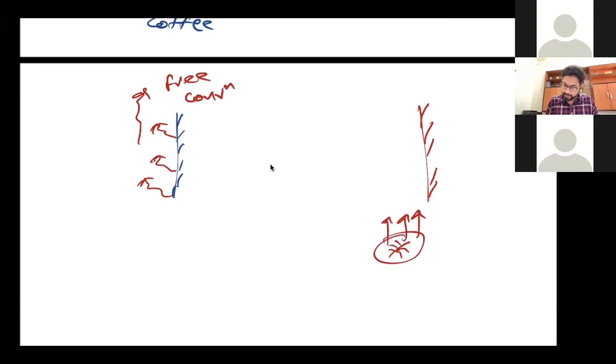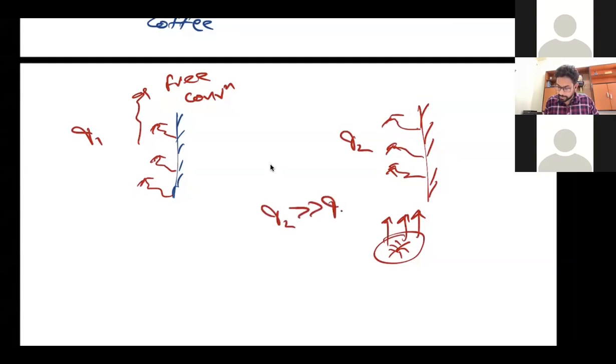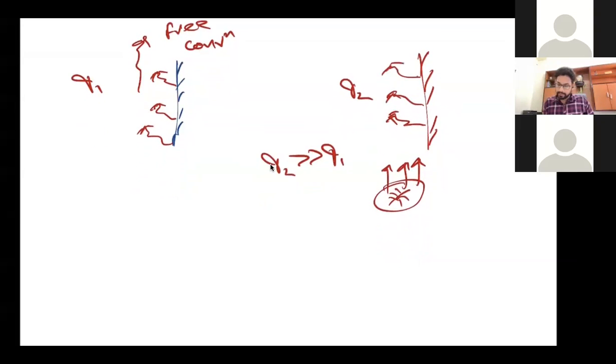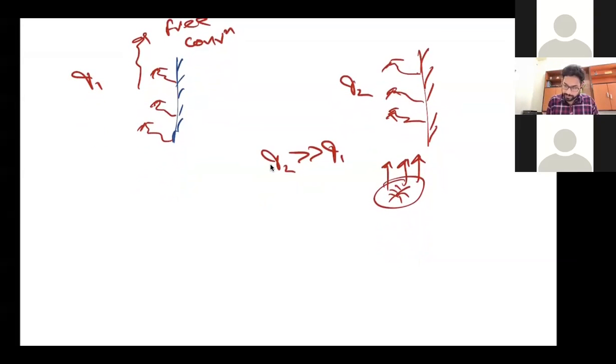So now there is extra speed given to the air, and now the heat transfer rate that's happening, if this was Q1 here and this is Q2, Q2 will be much higher than Q1, right? For the same temperature difference. So if T here is 40 degrees and T here is 20 degrees, same here, T is 20 degrees and T is 40 degrees, for the same temperature difference, Q2 will be much higher than Q1.